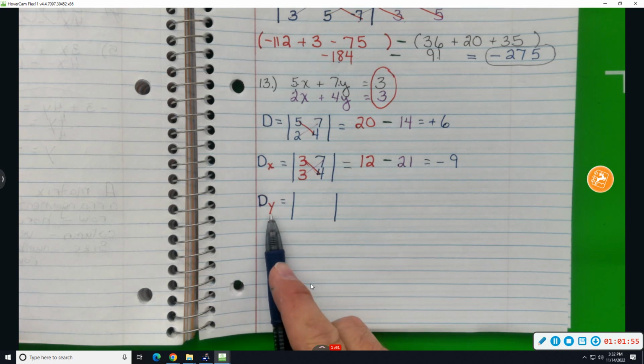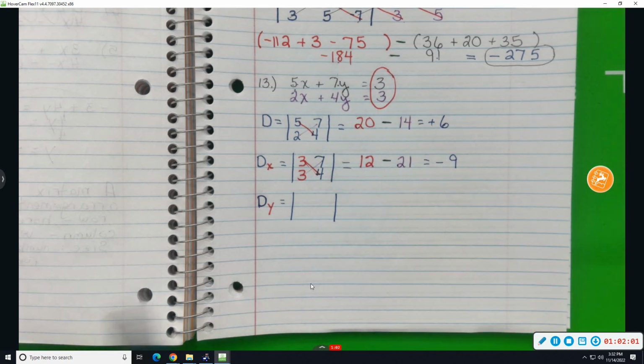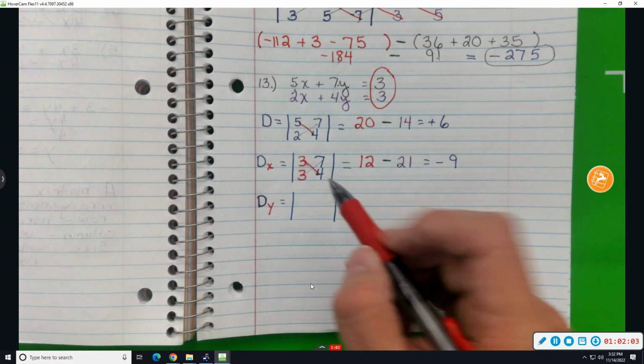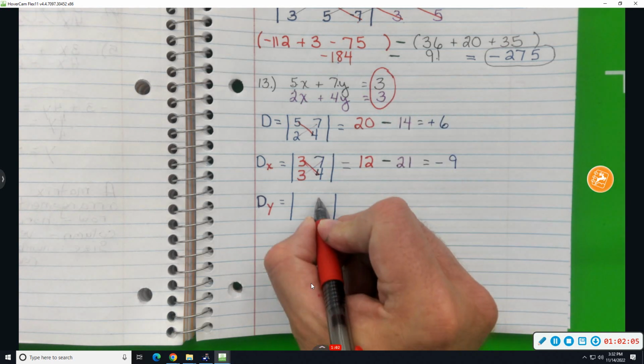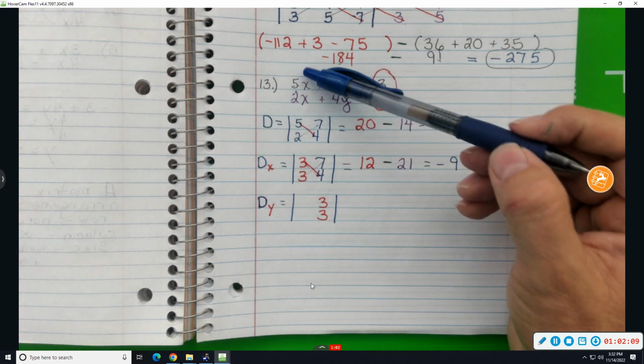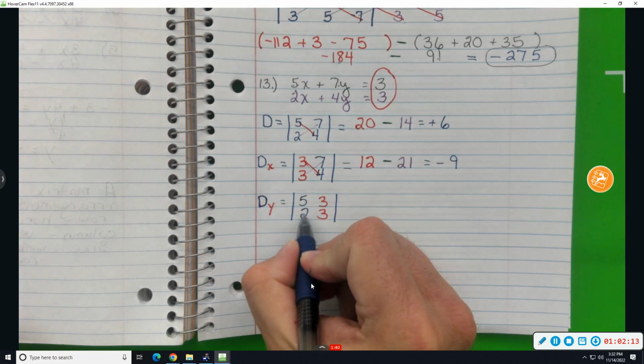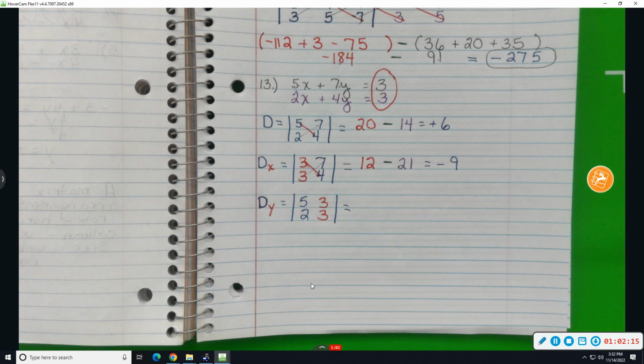Whatever the subscript is, that's the column that gets replaced with these constants. So in place of the Y column, I'm going to put the 3, 3, but I'll leave the X column as 5, 2. And do that little crisscross.